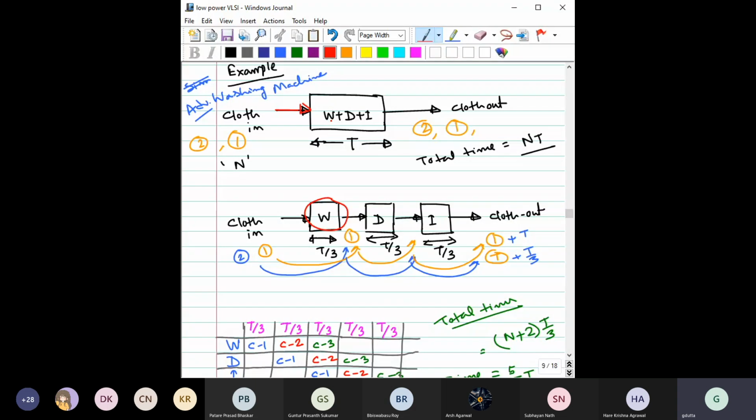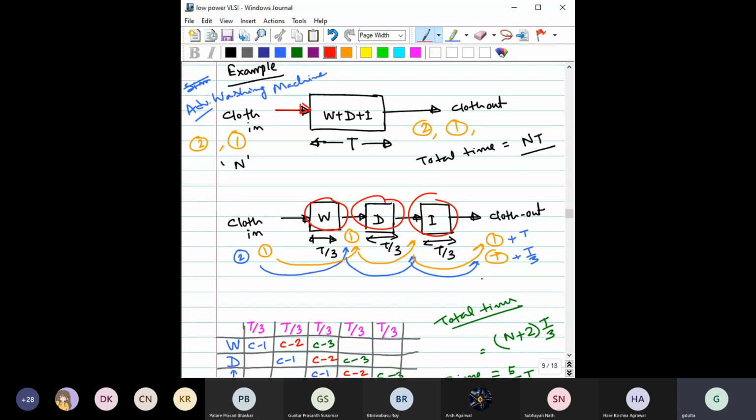Suppose we take the example of an advanced washing machine, right? Washing, drying, and then finally ironing. Instead of purchasing one single machine, you could have purchased 3 different machines which perform the operations separately.